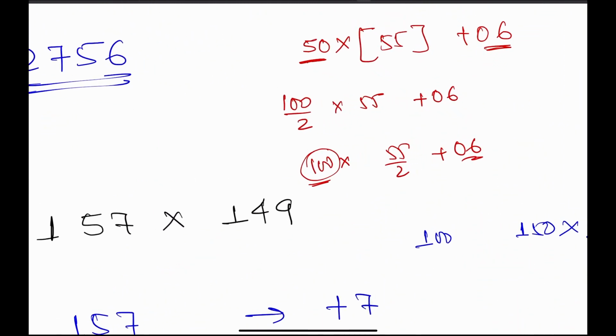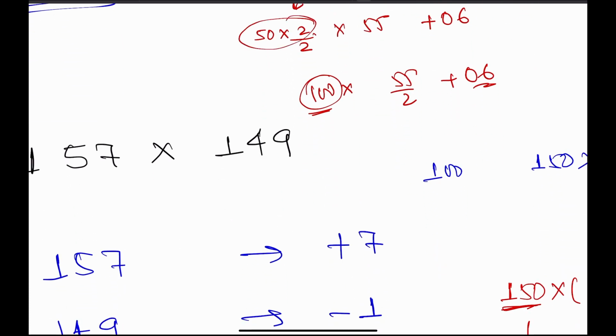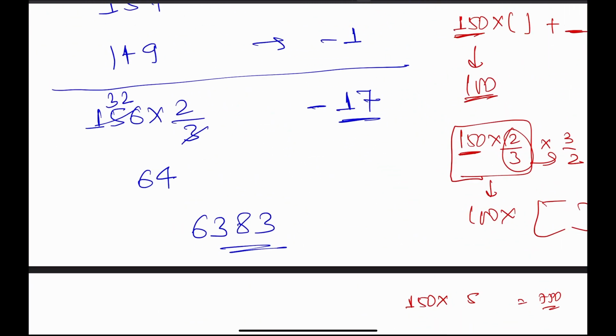What I have done over here is this 50, I have made it as 15 to 2. I just missed one step, because of which this confusion came. Actually here it is 15 to 2 by 2, right? So this 15 to 2 is becoming 100, and then this 2 is going over here. This is sometimes the reason why I should not skip some steps.